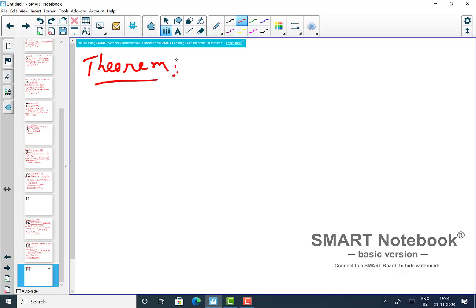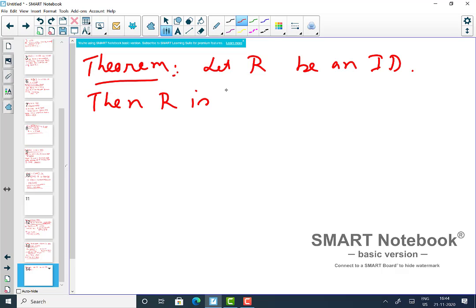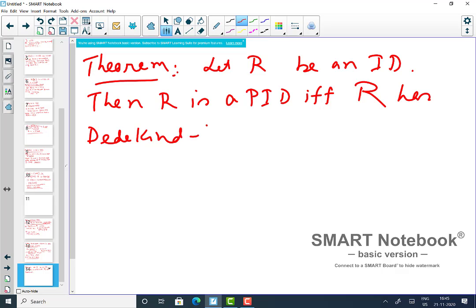Let R be an integral domain, then R is a principal ideal domain if and only if R possesses a Dedekind–Hasse norm. If it has only one, then we are done. It may have more than one also, so we don't care. Okay, so a Dedekind–Hasse norm is a positive norm satisfying this Dedekind–Hasse property.